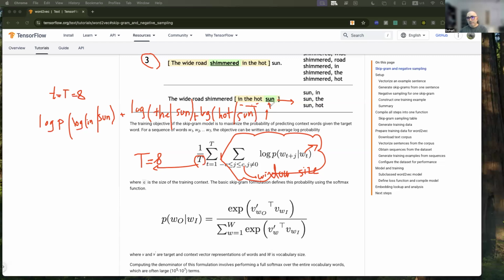So that's for the last word or target word, and the summation here is over all words with the same idea.